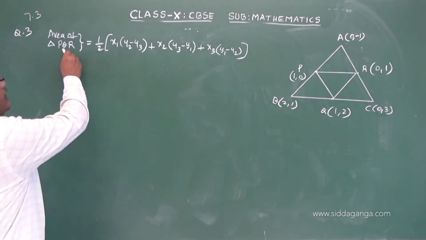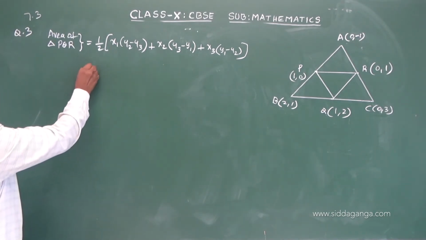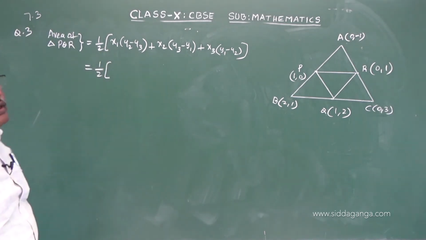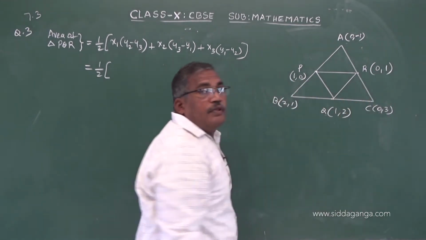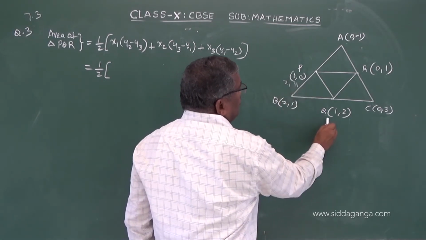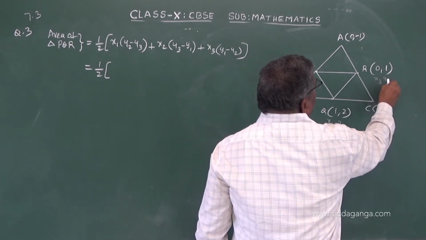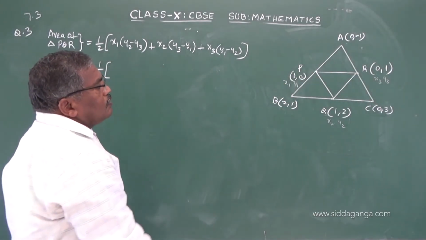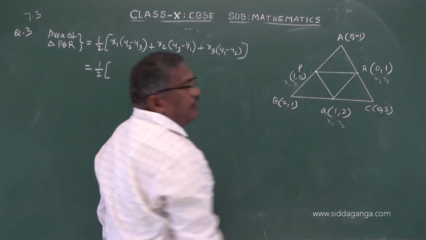So now in case of PQR, we have calculated the coordinates. So 1 by 2 into, so here what we have to do is, while calculating PQR, remember this becomes x1, y1, x2, y2, this becomes x3, y3. So you can take it in this fashion: x1, y1, x2, y2, x3, y3.